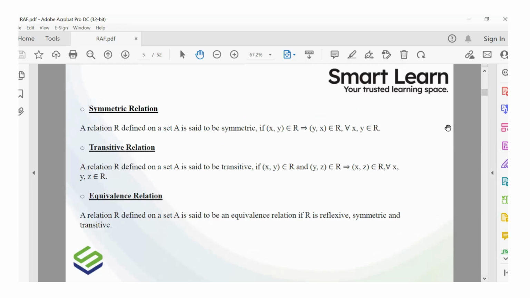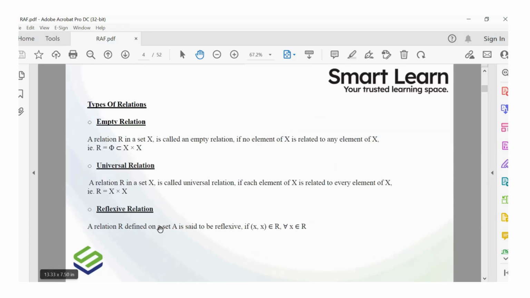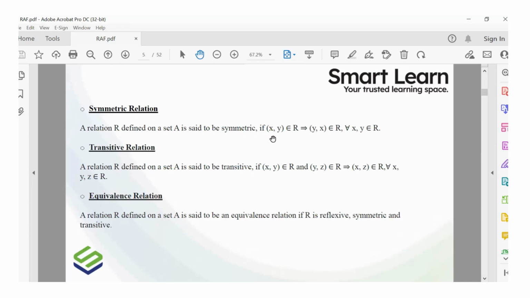Children, reflexive means a relation R defined on a set A is said to be reflexive if (x, x) is an element of R for every element x belonging to A. Symmetric means if (x, y) is an element of R implies (y, x) is an element of R. Transitive means if (x, y) is an element of R and (y, z) is an element of R, then (x, z) is an element of R. If the relation is reflexive, symmetric, and transitive, we can say that it is an equivalence relation.